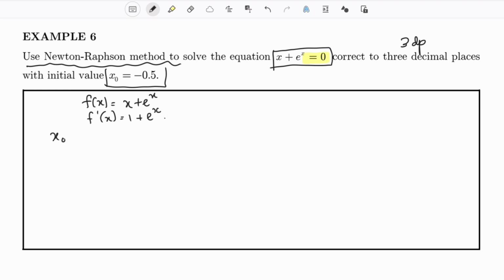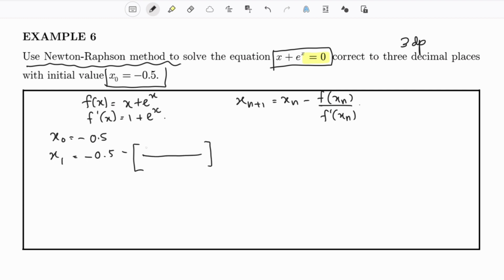So x0 equal to negative 0.5. Next will be x1. The formula x(n+1) equal to xn minus f(xn) over f'(xn). So x1 will be negative 0.5 minus, use bracket, negative 0.5 plus e^(negative 0.5) over 1 plus e^(negative 0.5).